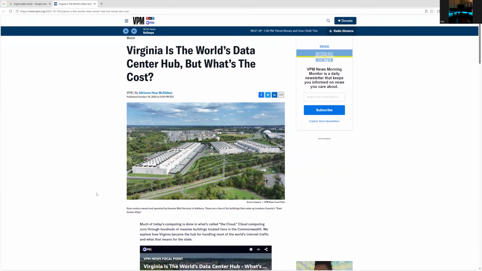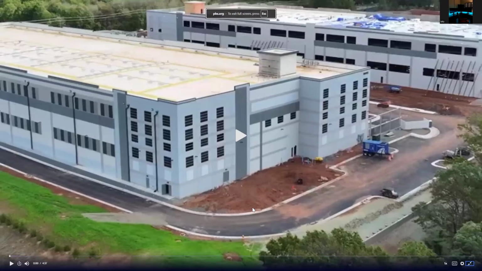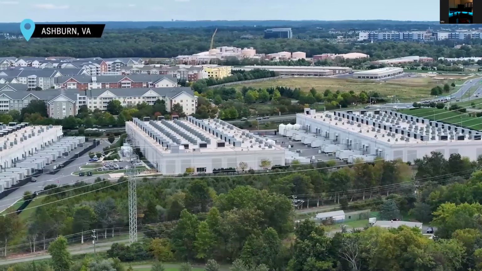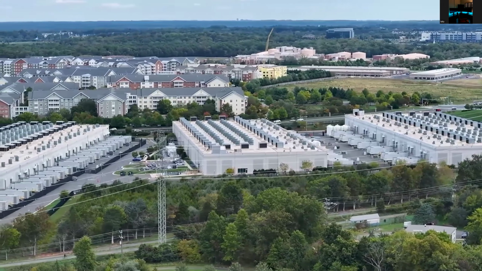Yeah, the world will stop. There you go: data centers are the brains of the internet and an essential element of technology. Because Northern Virginia is the hub of data centers in the entire world, so much data travels through.